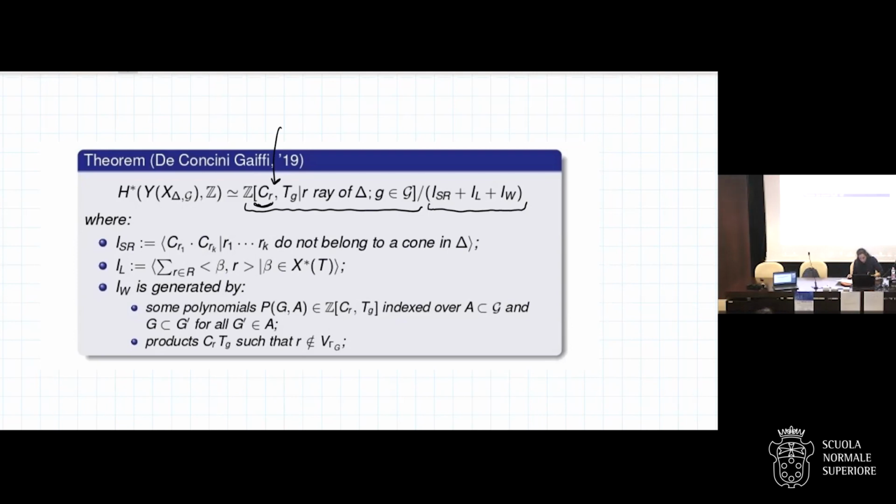So we have a bunch of variables that correspond to the rays that we can find in the fan Delta, and a bunch of variables that correspond to the elements of G. Again, these ideals are generated by monomials and polynomials that one can describe just by knowing the poset of intersections and the fan Delta.